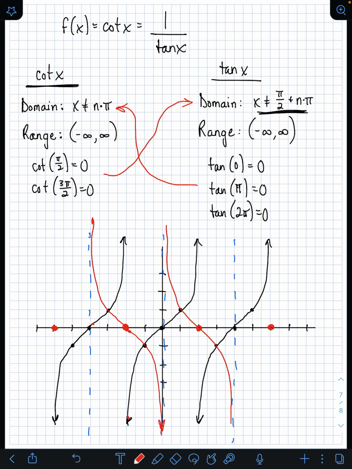It actually goes through a lot of the same points, but it does it coming downward instead of going upward.